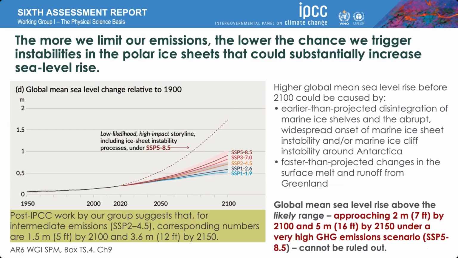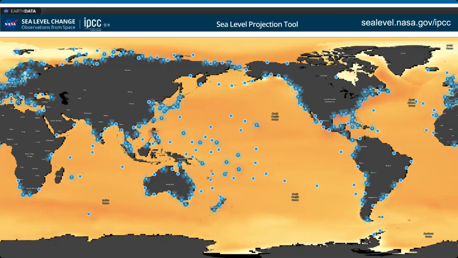Although this wasn't available in time for the Sixth Assessment Report, work that my group conducted after the report suggests that for the intermediate emission scenario that most closely resembles current policy, global mean sea level rise approaching 1.5 meters by 2100 and 3.6 meters by 2150 cannot be ruled out.